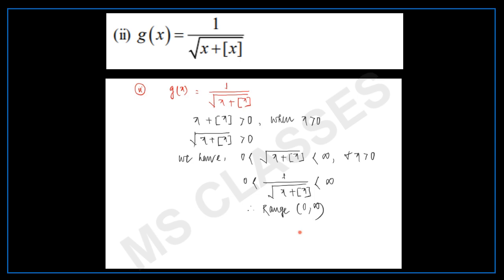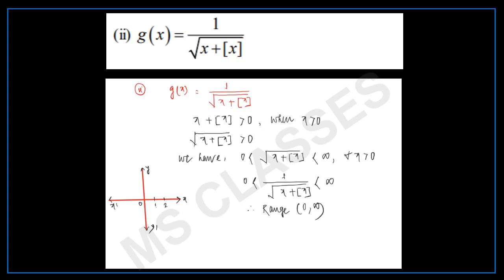Now for this part, that x plus box is greater than 0, you can take the help of a graph also. Again, that's a box's graph. You can represent it in this way, that is x prime, y prime, and here it will take some value.